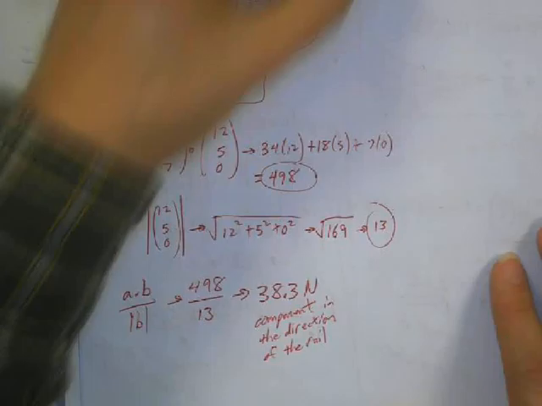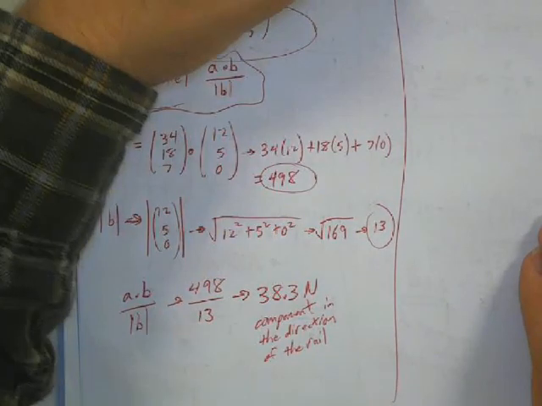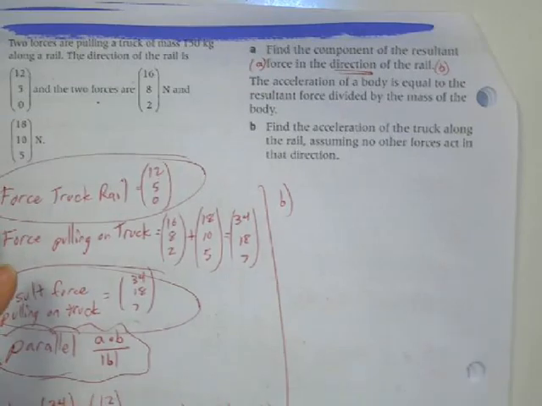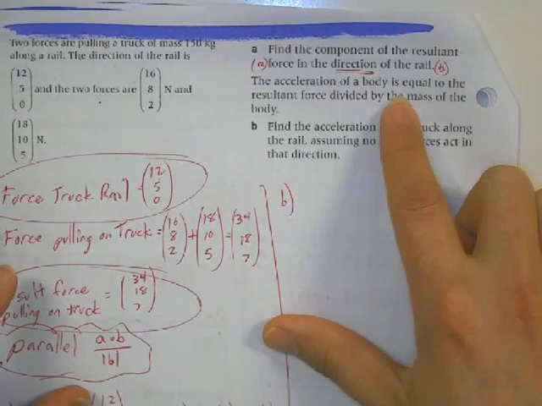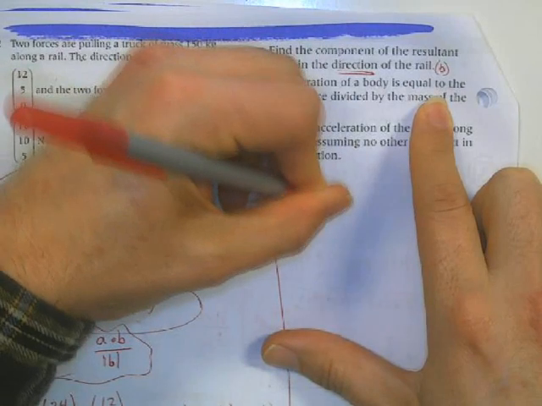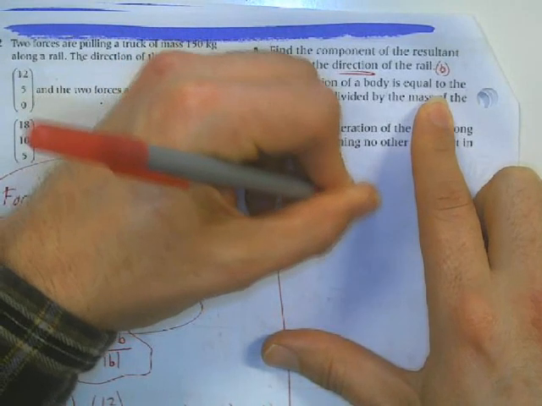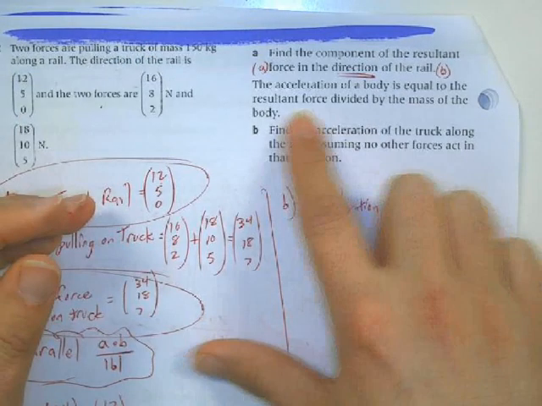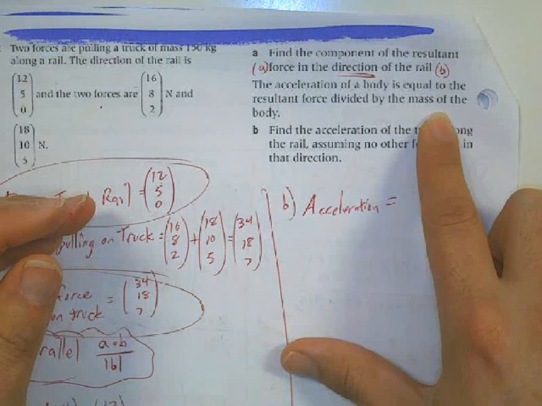Okay, part B. The acceleration of a body is equal to the resultant force divided by the mass of the body.